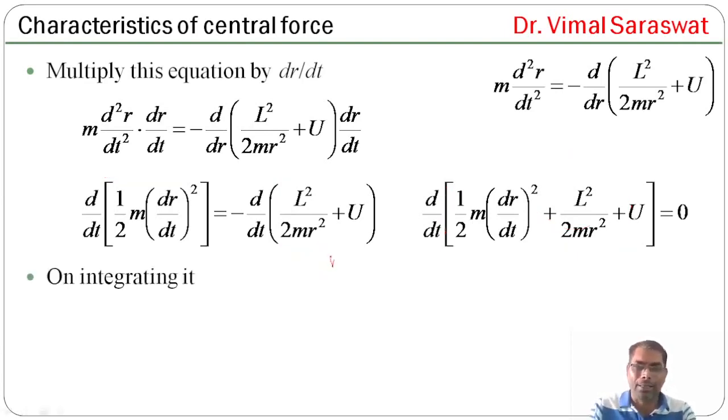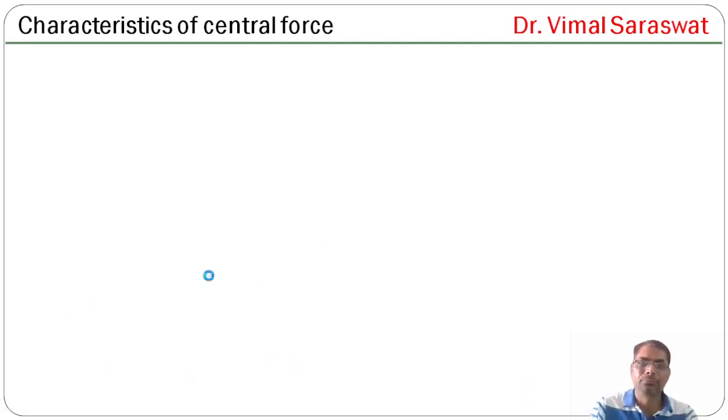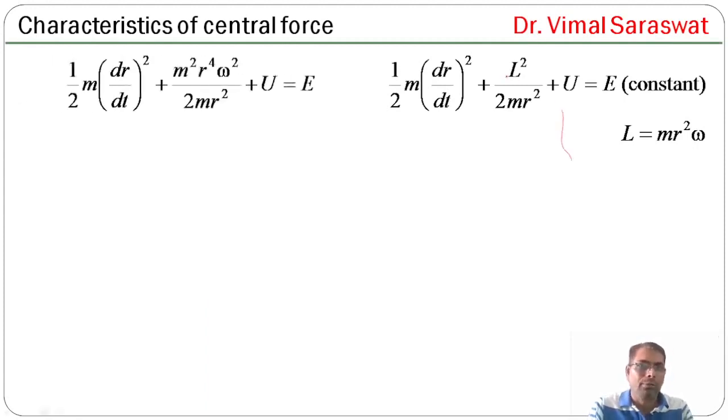On integrating it, we get half m dr by dt whole square plus L square upon twice m r square plus u is constant, and this constant is represented here with E, and E is actually energy. So this is our total energy. Since L equal to m r square omega, so we replace this L with this one.